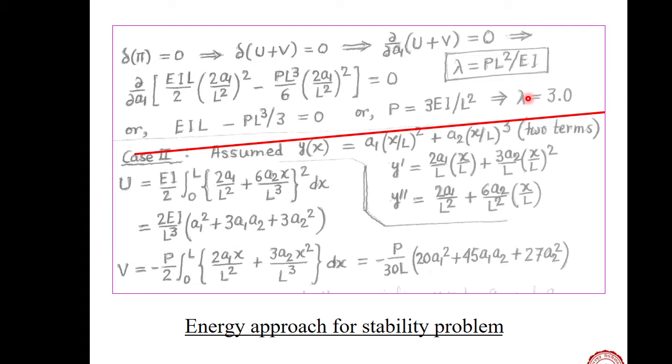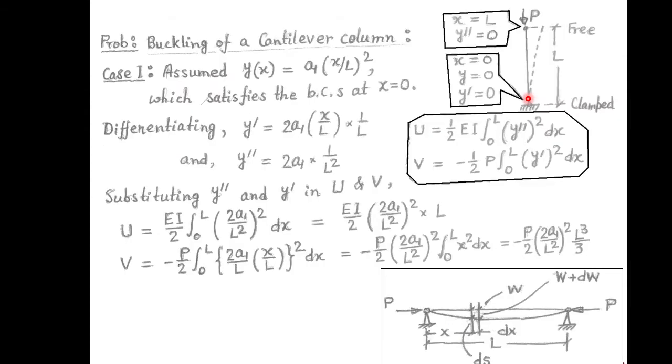So what is the way out? We have to add terms, because our function is not an eigenfunction. Even though it's an admissible function, it is not satisfying all the boundary conditions. Actually, geometric boundary conditions it satisfies. The other ones are force boundary conditions.